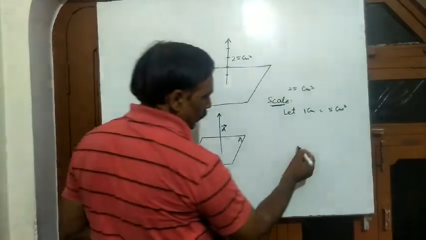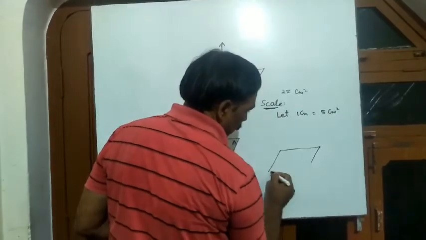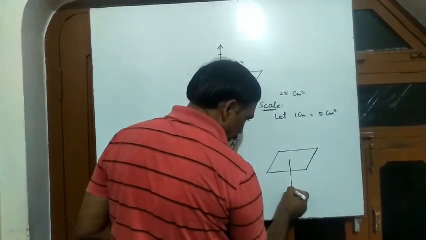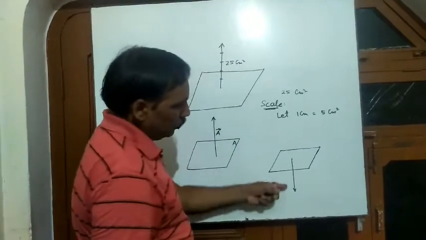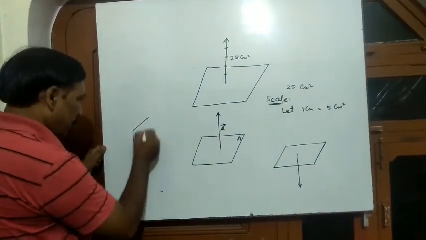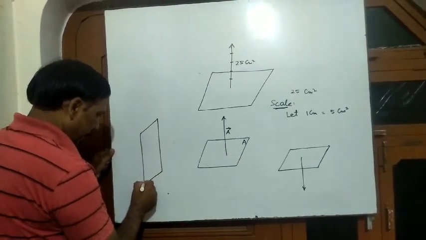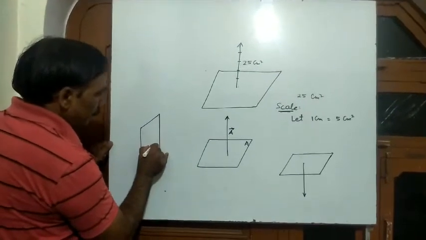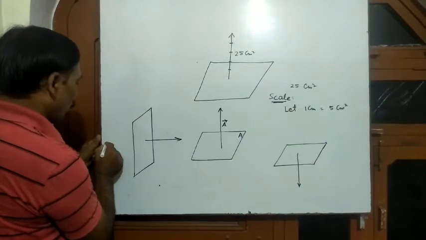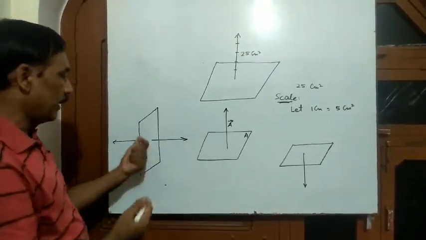For example, you can take another surface like this and draw a normal downward. Or any other surface like this, you can draw a normal to the right side here, and of course to this side also. So we can draw a normal to both sides of the surface.